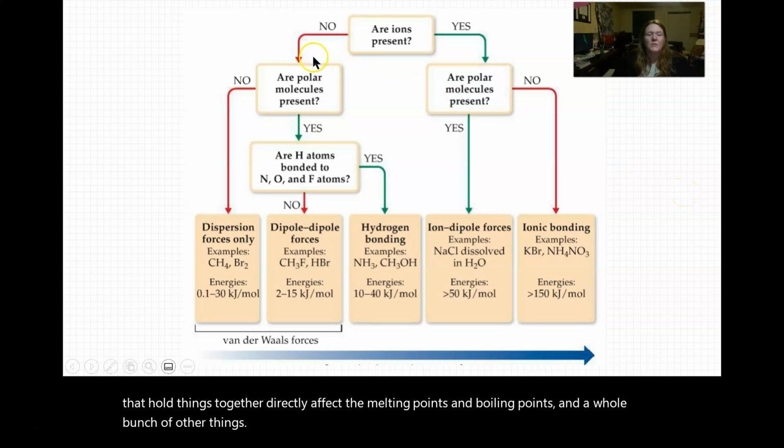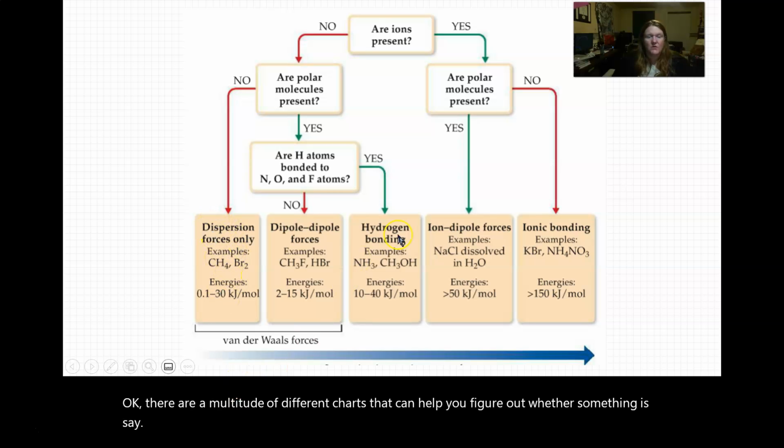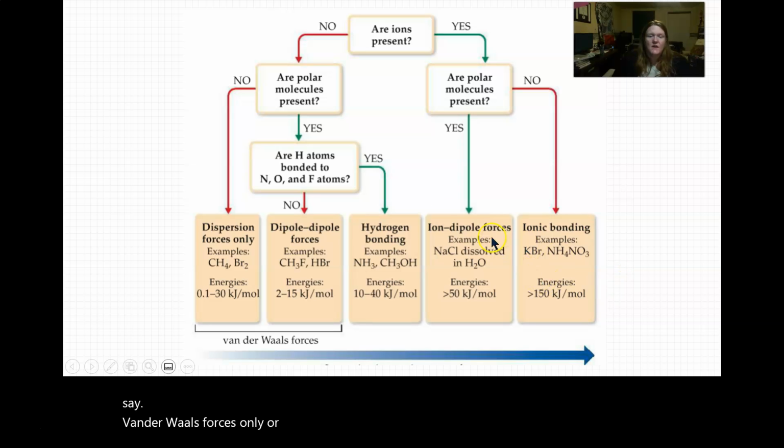Okay, there are a multitude of different charts that can help you figure out whether something is, say, van der Waals forces only, or hydrogen bonding, or whatever. So you can categorize these things. I like this one, but there are many.